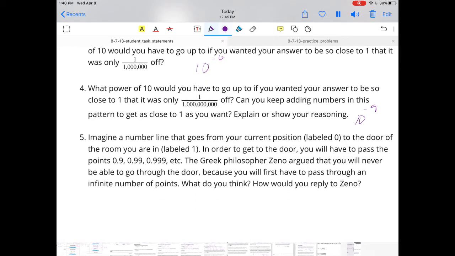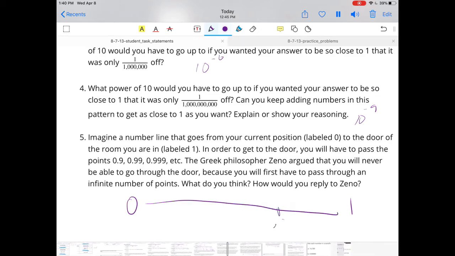Imagine a number line that goes from your current position, labeled at 0, to the door of the room you are in, labeled 1. So here's 0, here's 1. In order to get to the door, you will have to pass the points 0.9, 0.99, 0.99999, and so on and so on.